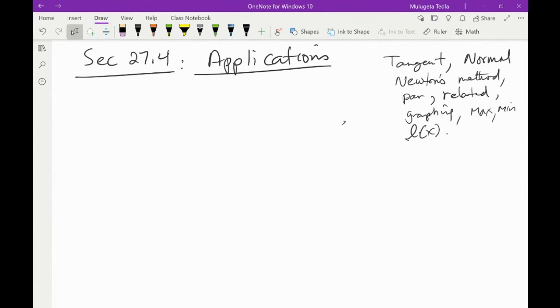Or they give you a trigonometric equation, and they might ask you to find the tangent line. They say, okay, sine of x plus sine of 3x is equal to 4. Solve it using Newton's method.